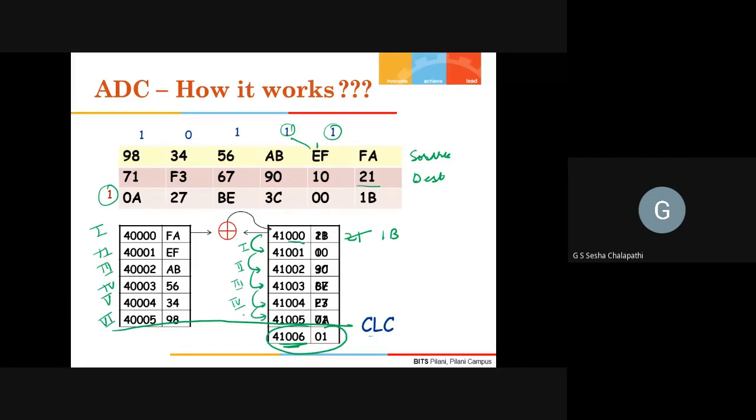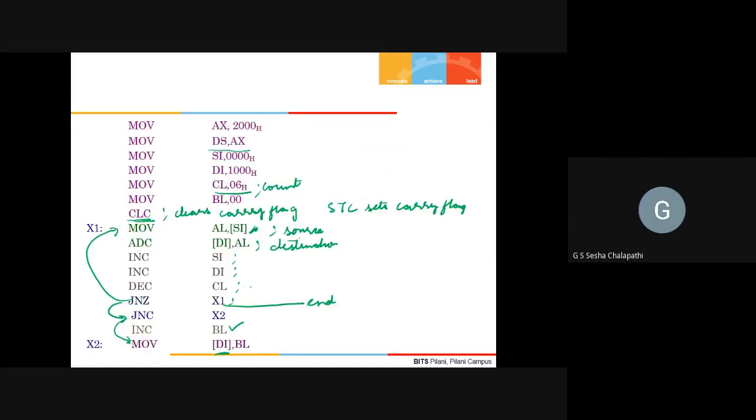Sir, what does JNC do? JNC is jump if not carry. If no carry is there, it will jump to X2, where it will store 0 into the seventh location through DI. If carry is generated, then this particular instruction will be executed.